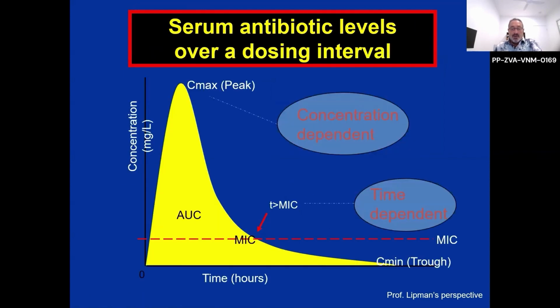Going back to that yellow curve, if you plot the pharmacodynamics against the MIC, the beta-lactams need a long time above the MIC, whereas the quinolones or the aminoglycosides need a high peak, Cmax to MIC, for their optimum kill.